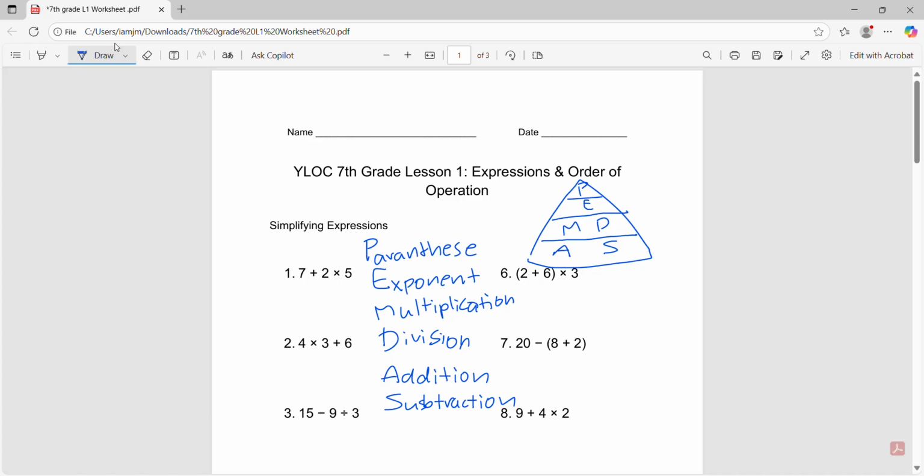The reason why multiplication and division, as well as addition and subtraction, don't get separate boxes in this pyramid is because they equal the same value. They're the same rank. So you would solve multiplication and division in whatever order comes first, from left to right.